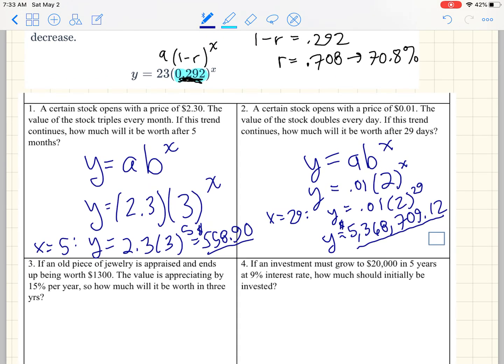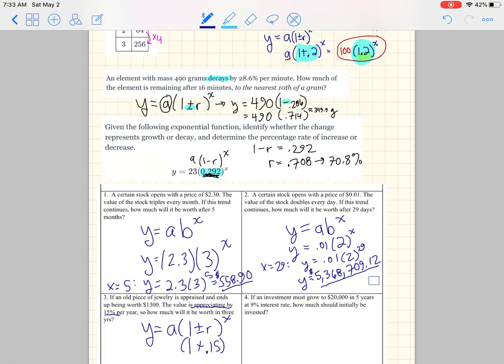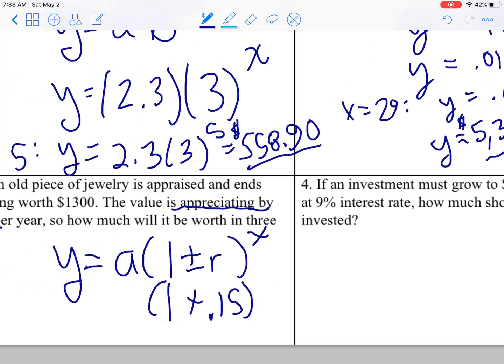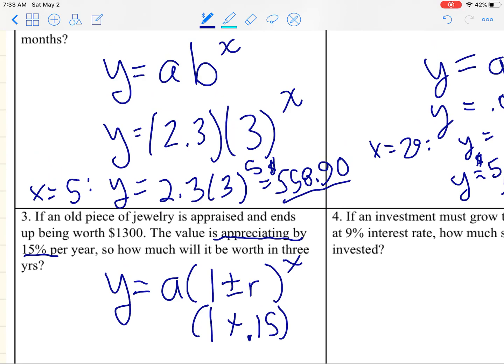Last two. Here we have, it doesn't say that it's doubled or tripled. It says it appreciates by 15%. So here's a model where instead of a B, you're going to have to do 1 plus or minus R. Now, because it's appreciate, we're going to add, and the R is 15%. So basically, instead of doubling as a 2 or tripling as a 3, you're just putting it in as 1.15.